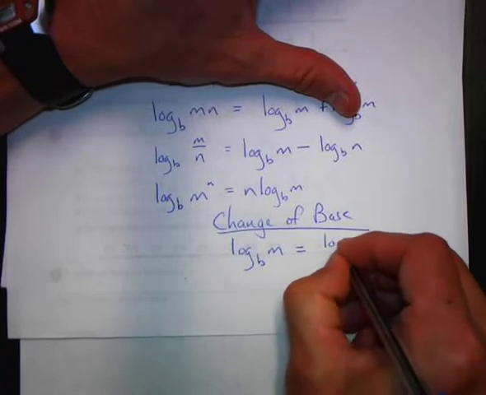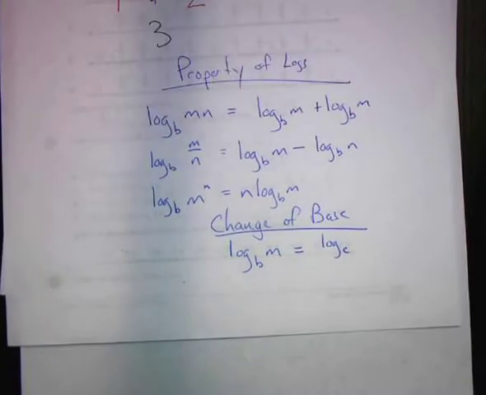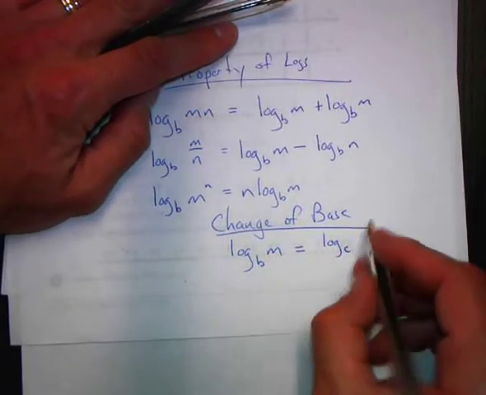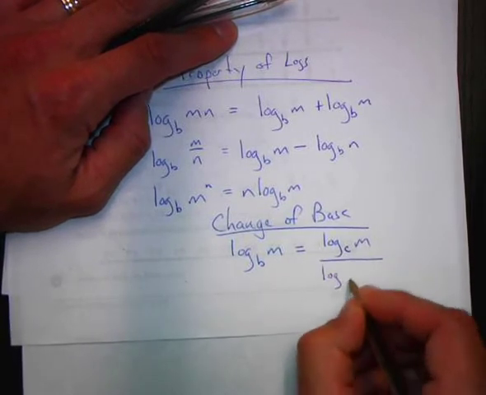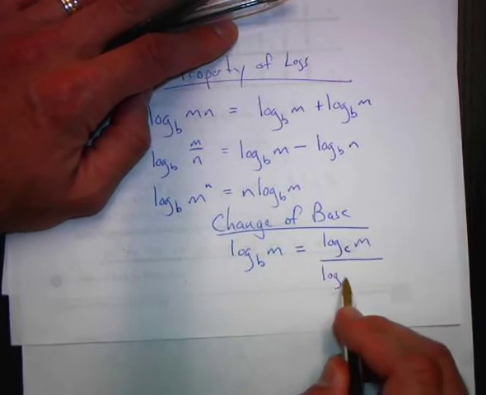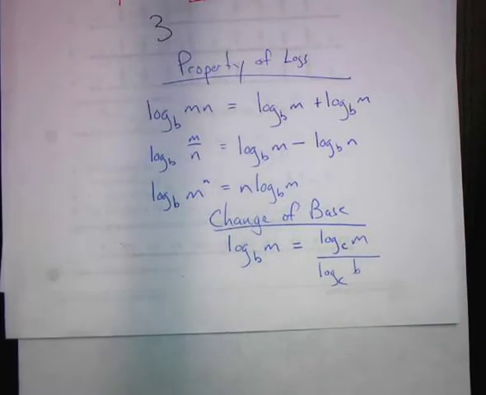You can invent a whole new base, we'll call it base c. So we can have log base c of m, all of that over log base c of the old base, b. Totally true. So we could do that.